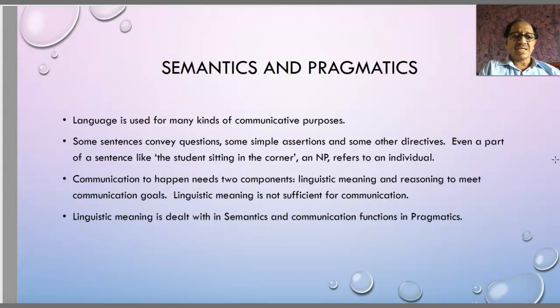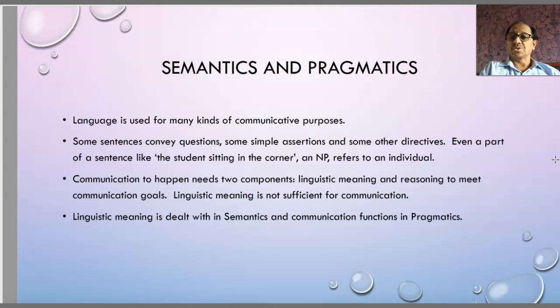It is a request. It may assume that there's a lot of noise outside. It is disturbing us. So, can you please close the door? Or it may mean it is very cold outside. There is a lot of cold breeze coming in.